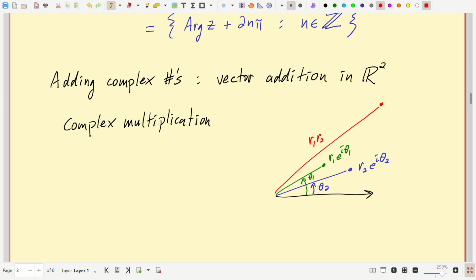That's kind of a weird thing to draw. So the angle would be theta 1 plus theta 2, and this would be the product, v times w, equals r1 r2, the radii multiply, and the angles add.